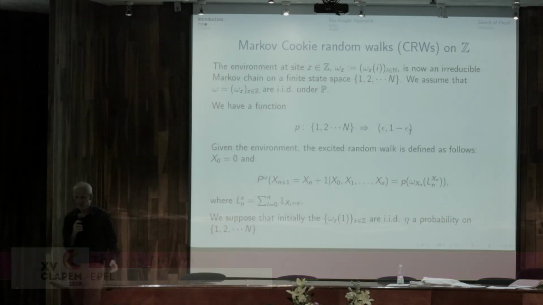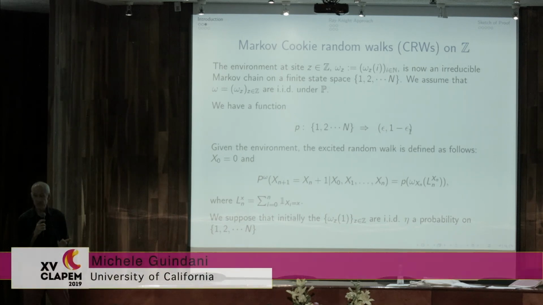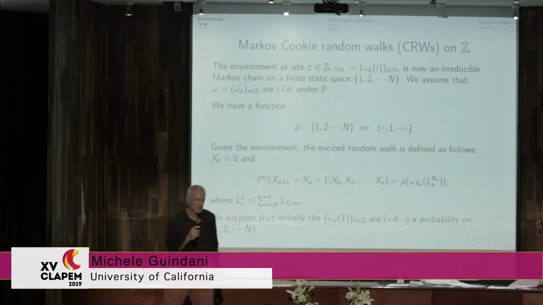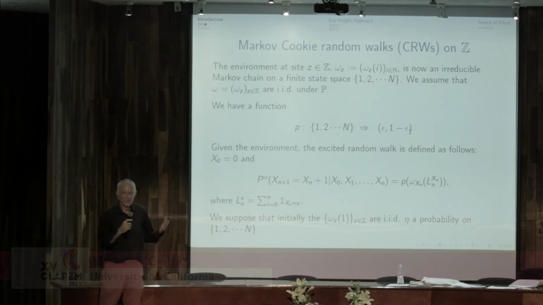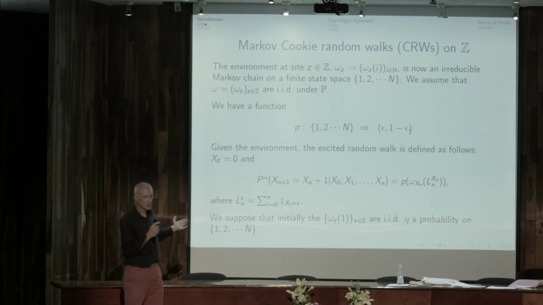If you forget about the cookies for now, you just have a Markov chain. Everything's irreducible, so you have a stationary probability. If you integrate the function P with respect to the stationary probability, that gives you a number between 0 and 1. If this number is not a half, it's very easy to see, no need to go into the proof, that you are pushed along.